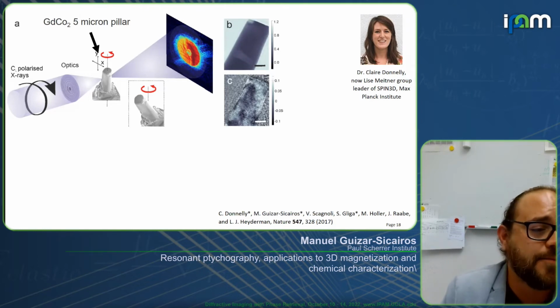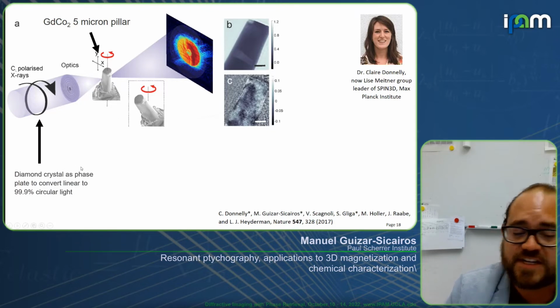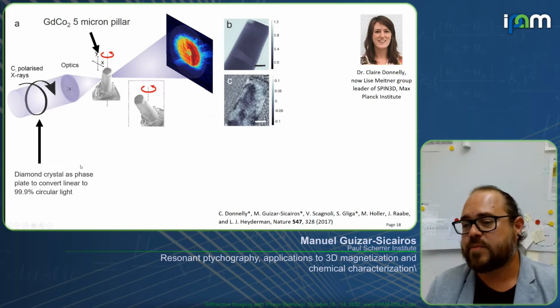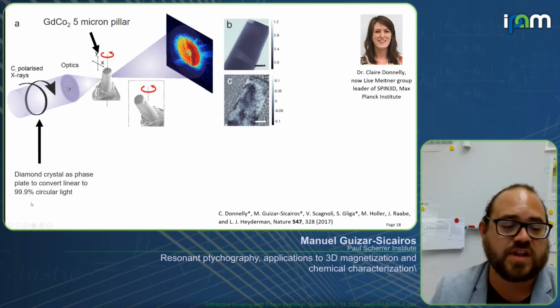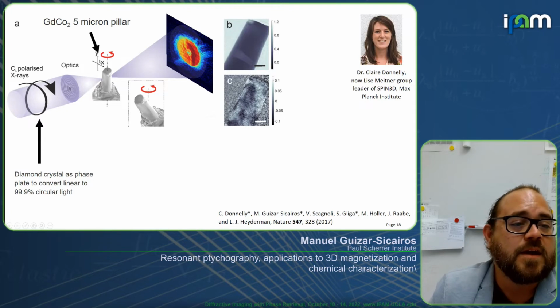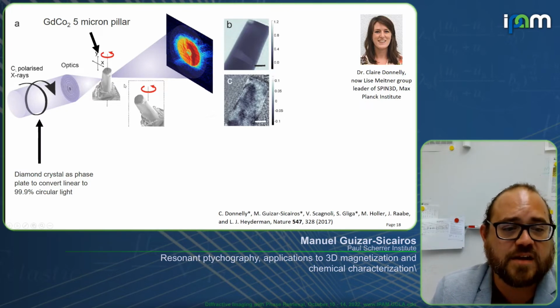Here we have again the diamond crystal as faceplate to convert linear light to circular light, which is pure up to 99.9% circular. We have this 5-micron gadolinium cobalt pillar that we measure.